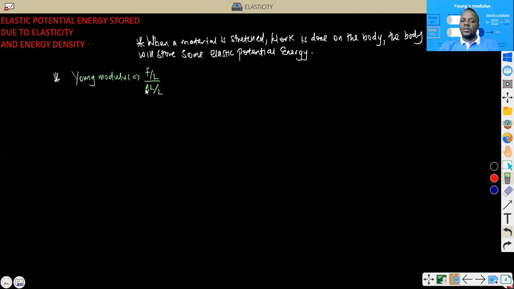Let me say the extension is E. I will take the extension as E for understanding, so that L will not cause issues, because L is too much there. Extension is delta L.